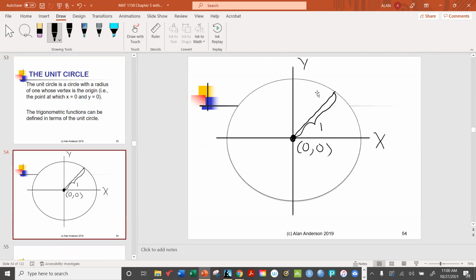Of course, the radius is the same no matter where we draw this line. In other words, if I drew it here, it would also be 1. So the radius is 1, the center is 0, 0. That makes things a lot simpler for our calculations. Think of the word unit, the unit circle, where the word unit simply means 1. Radius is 1.